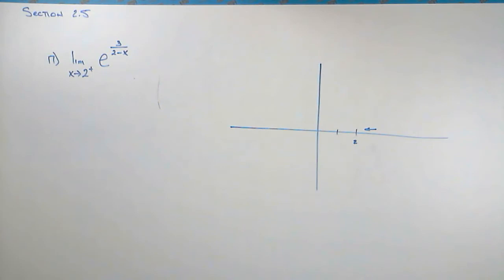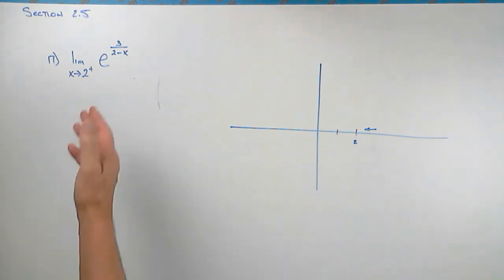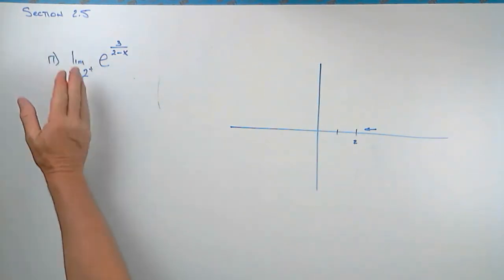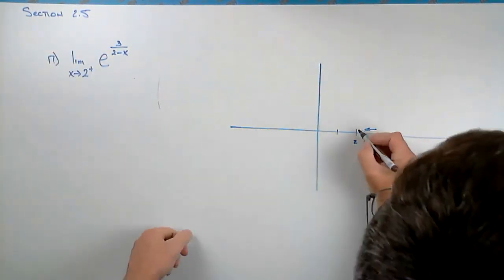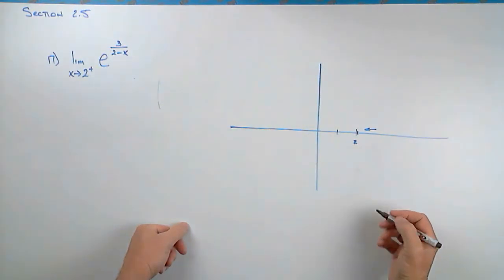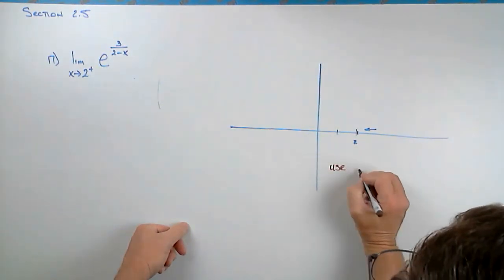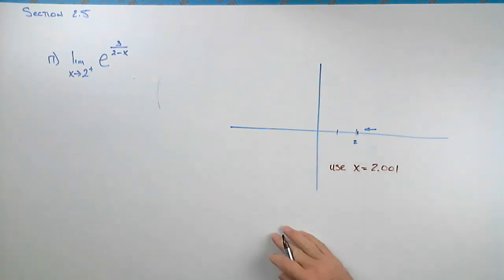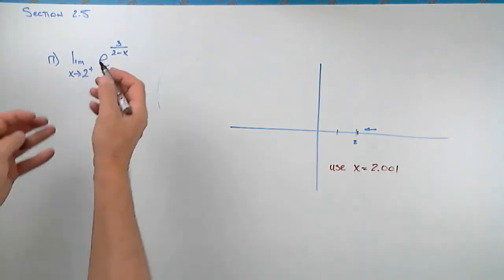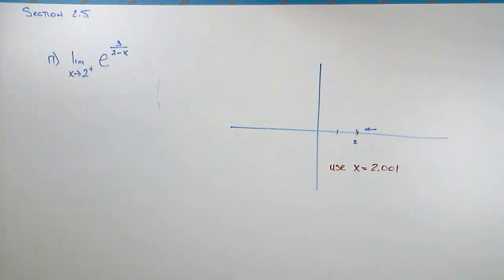Again, my suggestion to you, if you were in my pre-calc class and we were trying to graph this, we didn't know about limits then, we're just trying to graph this, would be to pick a number. You're coming from the right, so pick a number right here. We would use x equals 2.001, something like that. And ask ourselves, what happens over here if I plug that in?